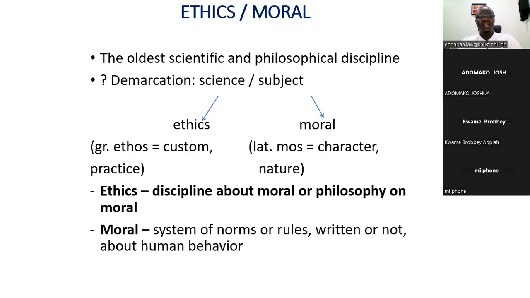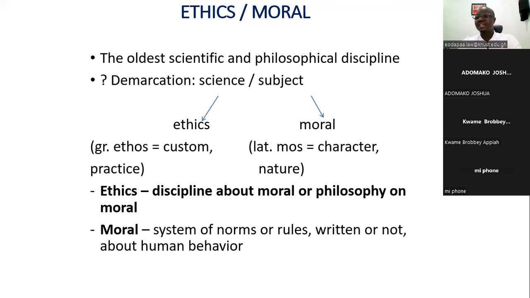We defined ethics and morality, if you like, this way. So ethics comes from the Greek word ethos. Ethos means custom, practice. So if somebody says that it's against the ethos of our society, they are just trying to say that it's against the custom or the practice or how we do things.